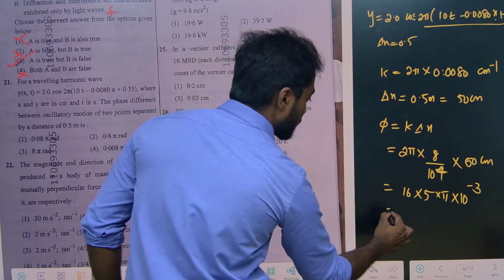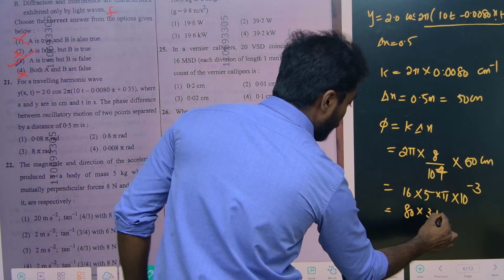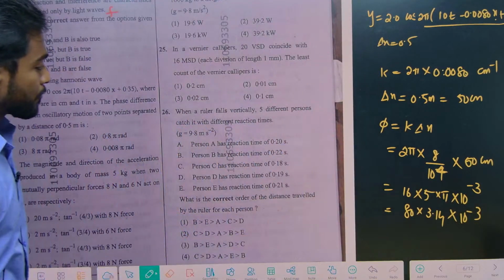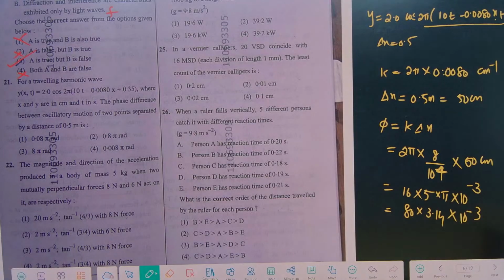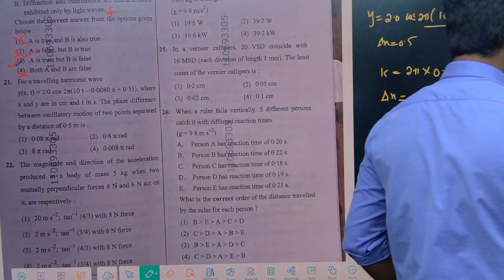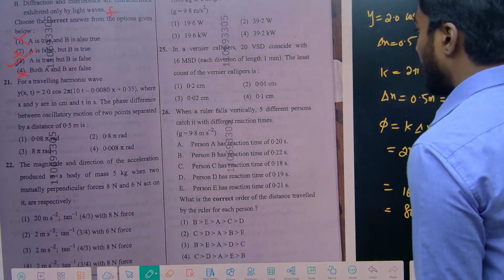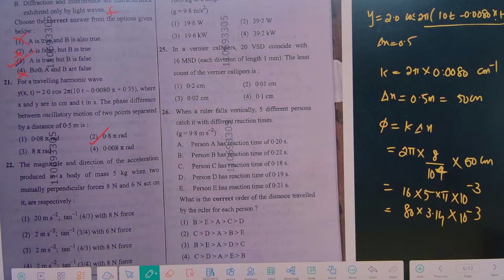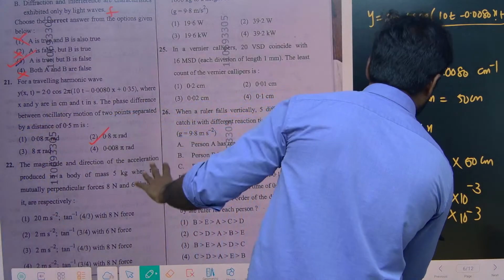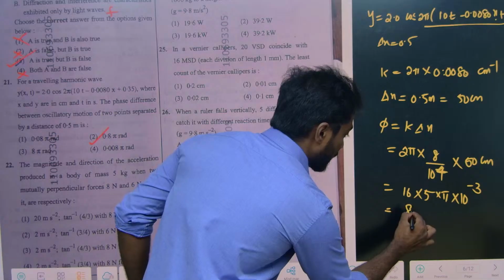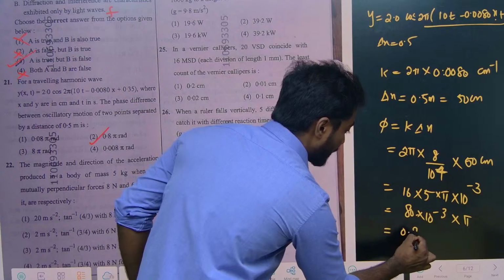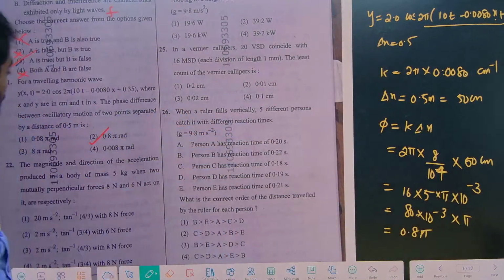So this is 80 into 3.14 into 10 power minus 3, approximately, yes, option 2, 0.8 pi radians. They have given it in terms of pi only, no? Yes. So 80 into 10 power minus 3 into pi, which is 0.8 pi. That's it. Done.